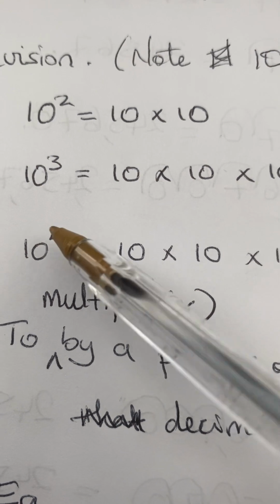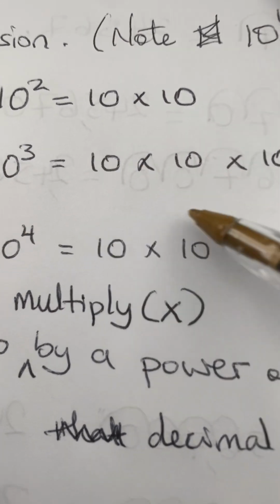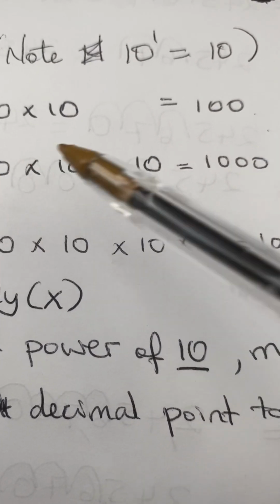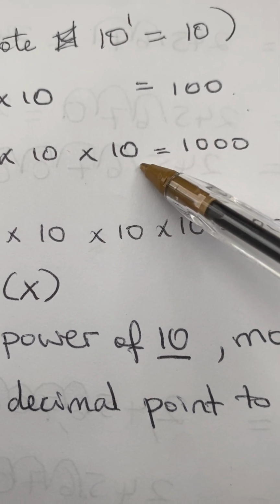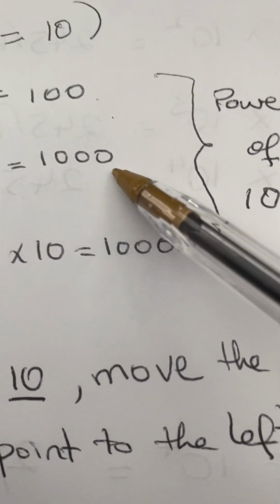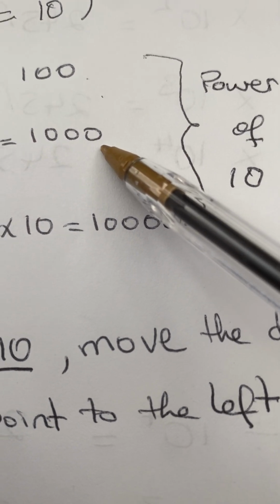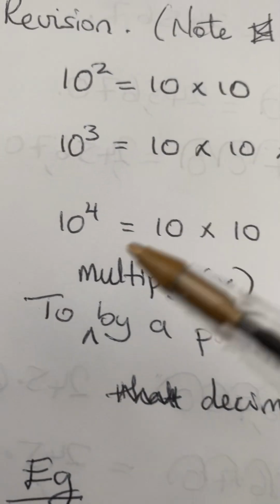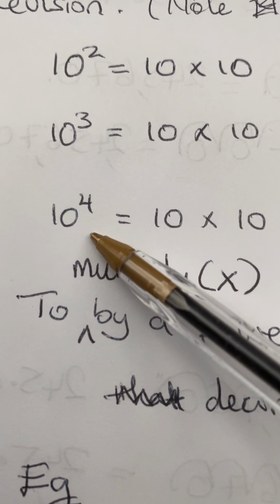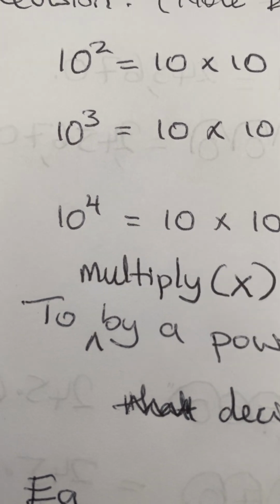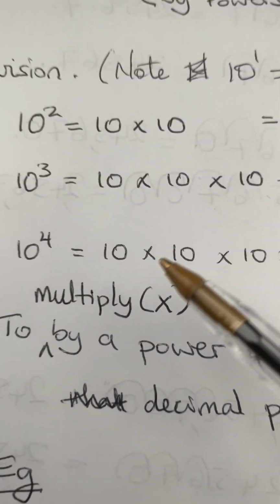10 to the power 3 is 10 times 10 times 10, which is 1,000. 10 to the power 4 is 10 times 10 times 10 times 10, 4 times.